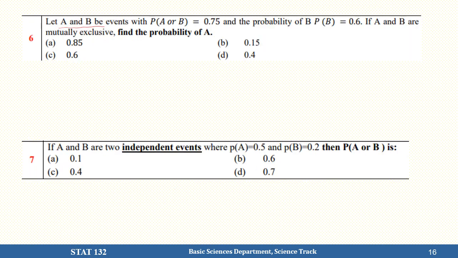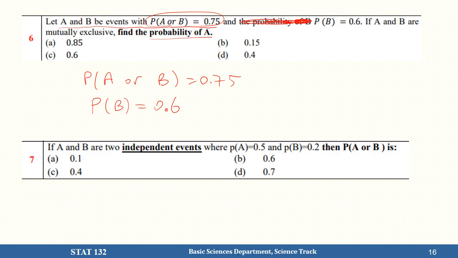Now let A, B be events with the probability of A or B equal to 0.75 and the probability of B is 0.6. If A and B are mutually exclusive, find the probability of A. Now this is given to us, let's write it. The probability of A or B is equal to 0.75 and the probability of B is equal to 0.6.